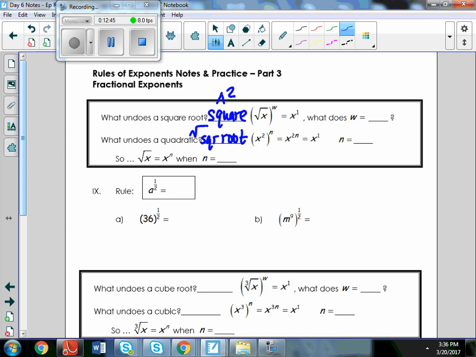Okay, so what they want you to think is, what power would I need here to make this x a power of 1? I'd need to square it because I'd need to have 2 x's in there in order to be able to take the x out, so the w would have to be a 2.